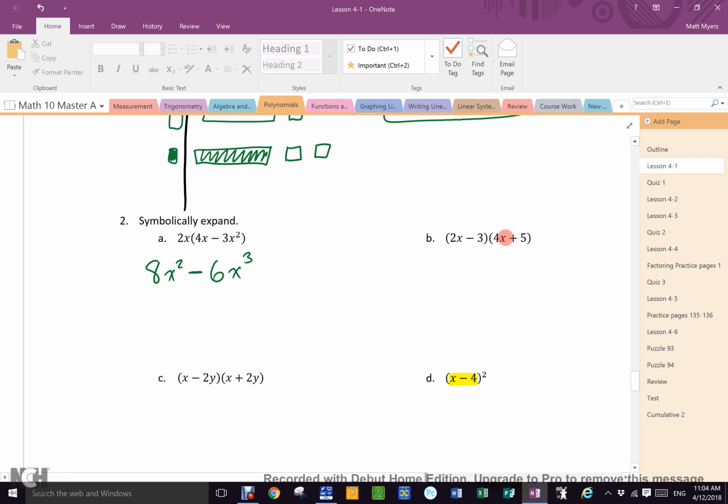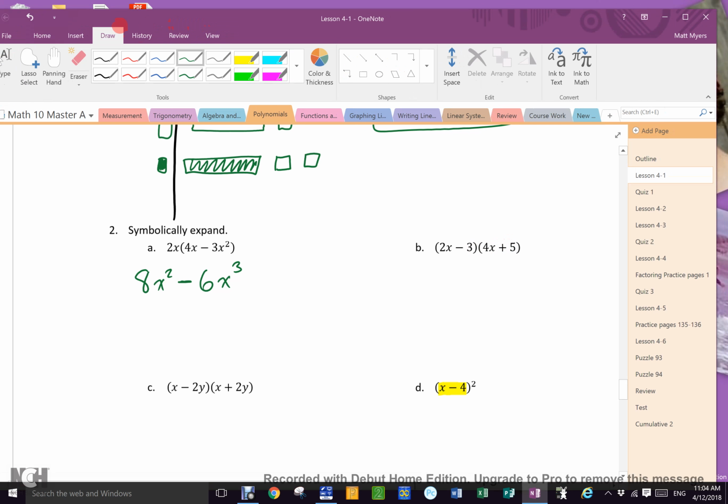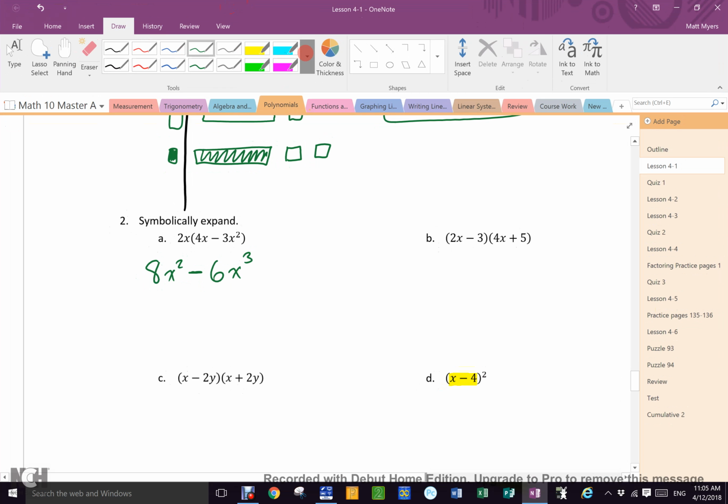This is a double, right? If that negative 3 wasn't there, what would you do with the 2x? It would distribute. What's 2x times 4x? 8x squared. What's 2x times 5? 10x. But there is a 3 there. So I also have to do negative 3 times 4.